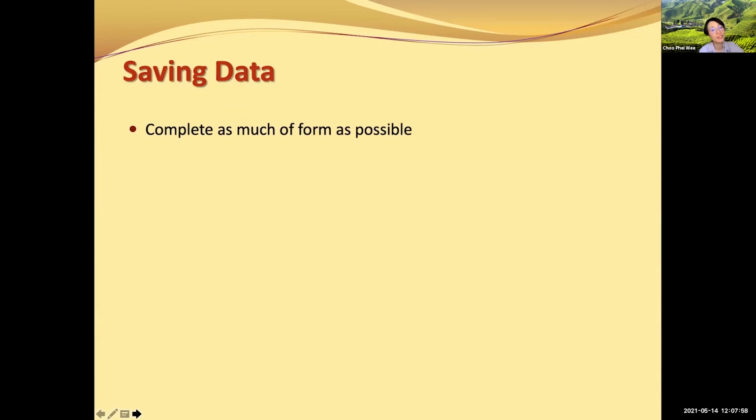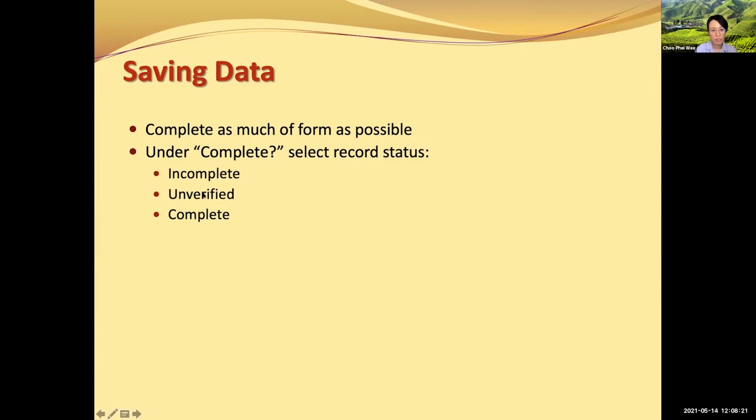For best practice in data entry, complete as much of the form as possible. Once you fill out all the fields in the instruments, you should see at the bottom of each instrument the section header says form status complete, and these are the options that you could select.